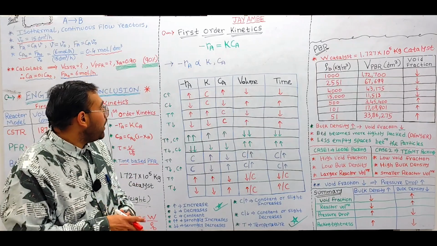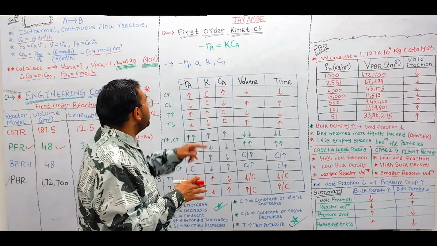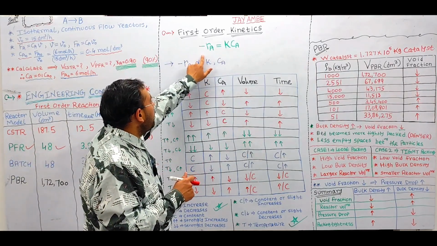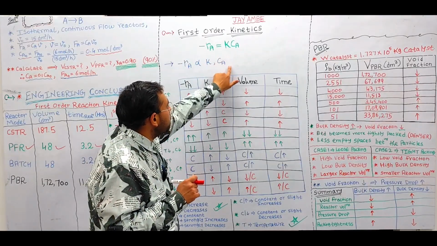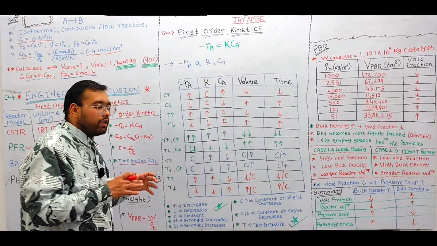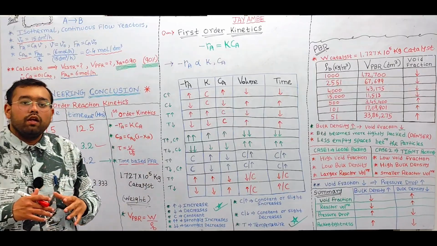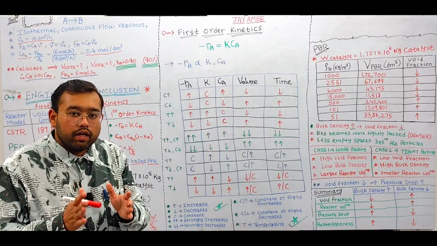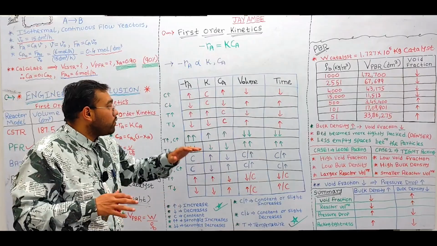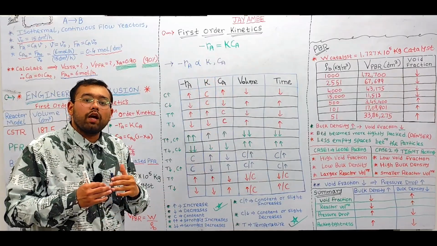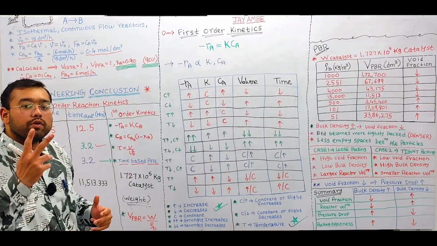which means there are opposite effects at the same time. At the same time we are increasing the rate constant value and simultaneously decreasing the concentration, which will result in a constant reaction rate, because we have two opposite effects.